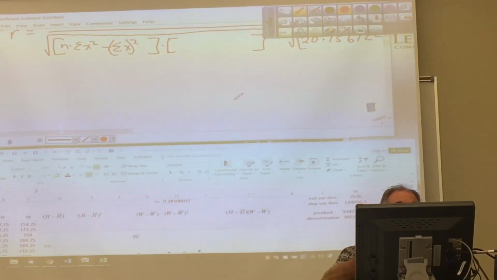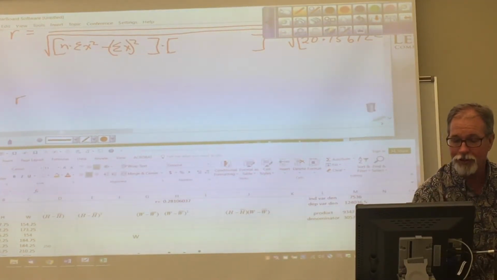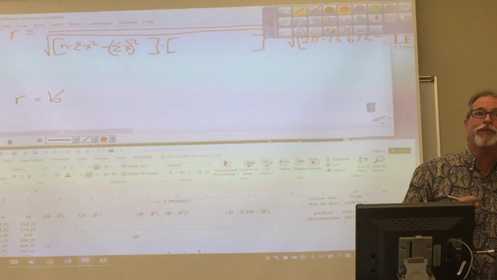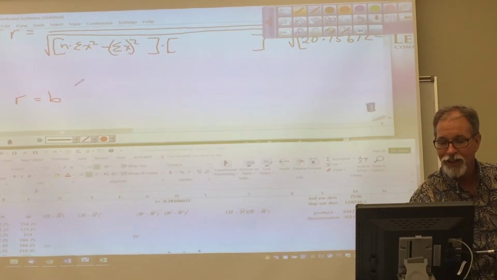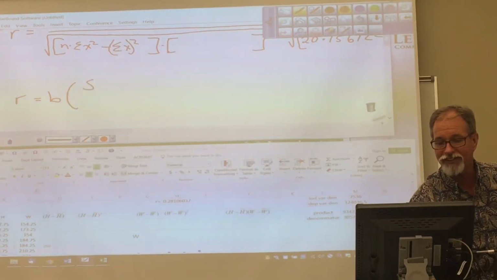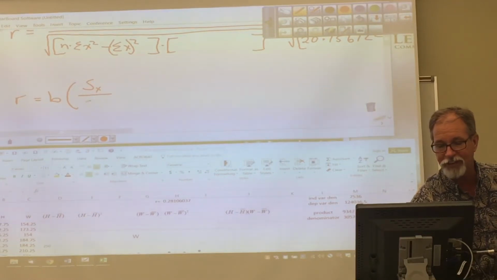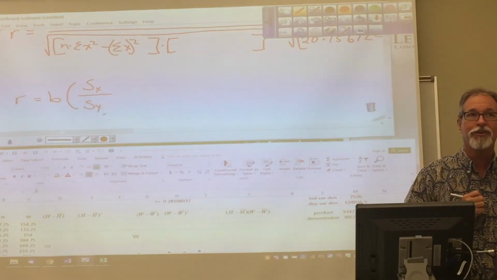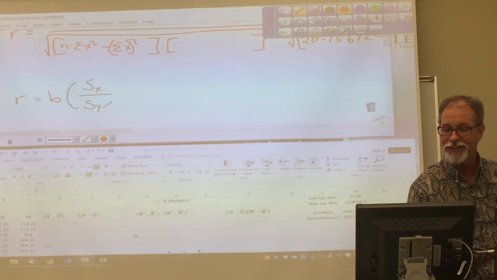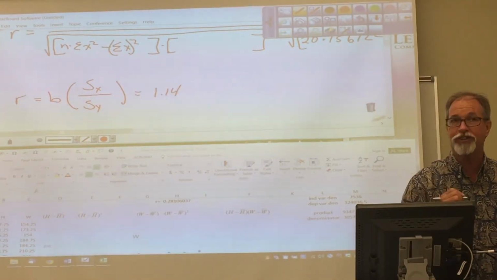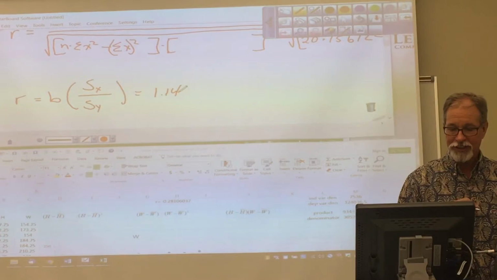And the formula for that is to take whatever you calculated for your B and multiply it by the standard deviation of X divided by the standard deviation of Y. Which in this case, we just said 1.14 was our B.